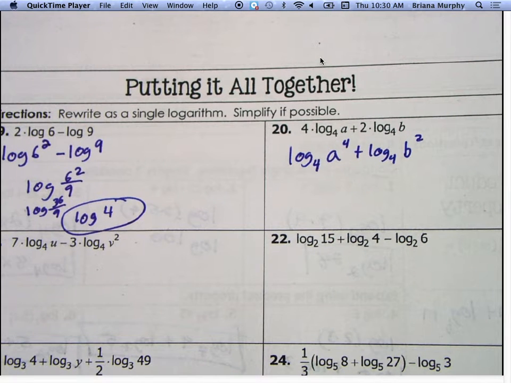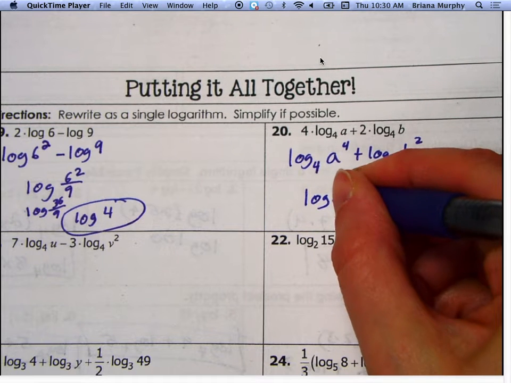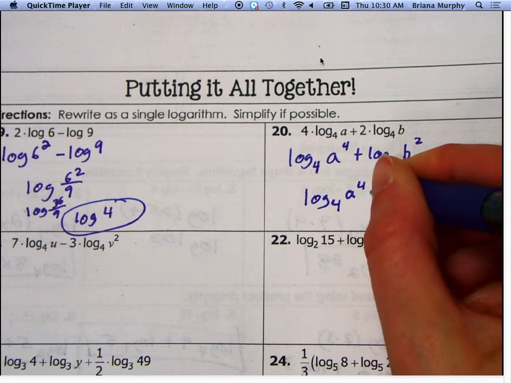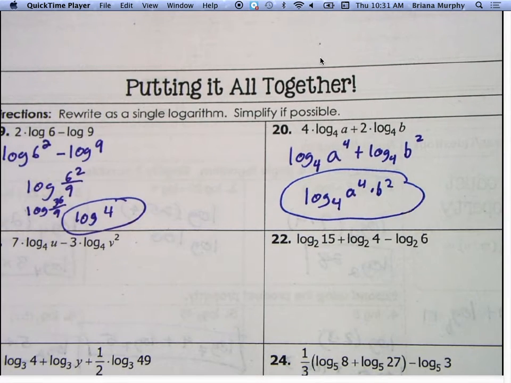Now we can do the product property, correct? So that will be log base 4, a to the 4th times b squared, and that's it. Nope, because a and b do not match, right? So I can't put them together.